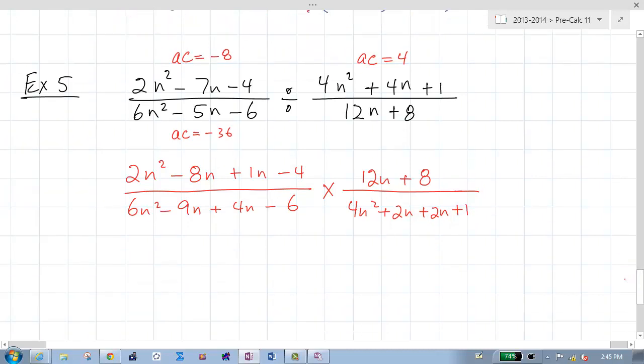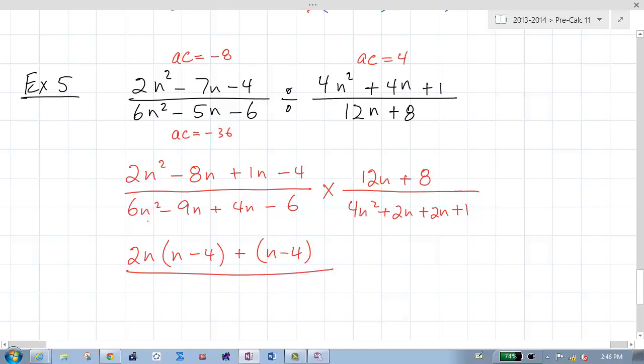Now I'm going to group them together. So the first group, I take the GCF of the first group, 2n squared. Grouping the first two, I take out the GCF, 2n, it'd be n minus 4 plus n minus 4.